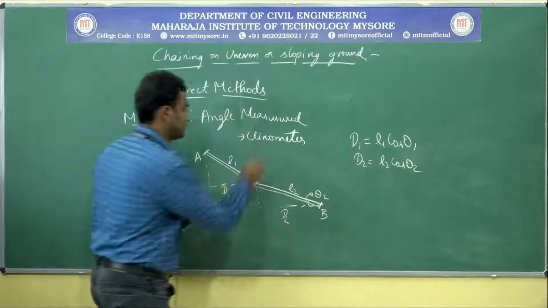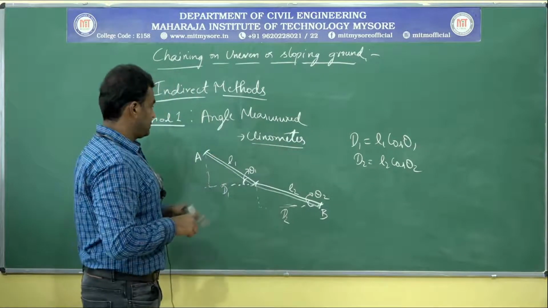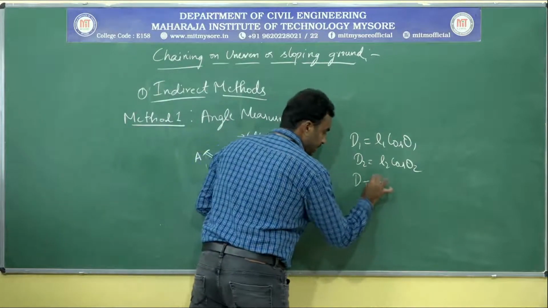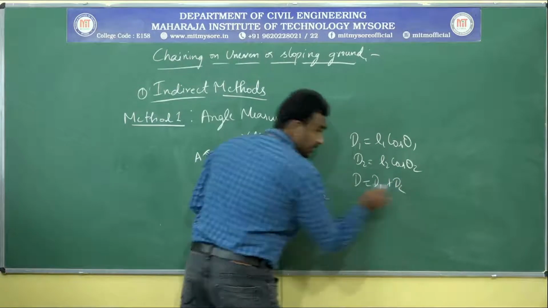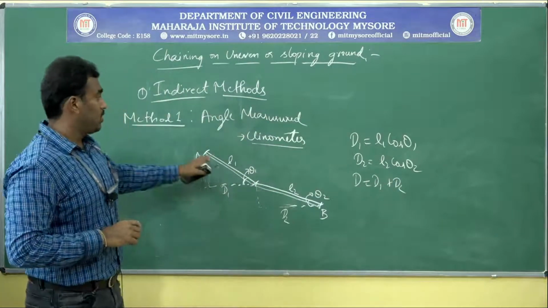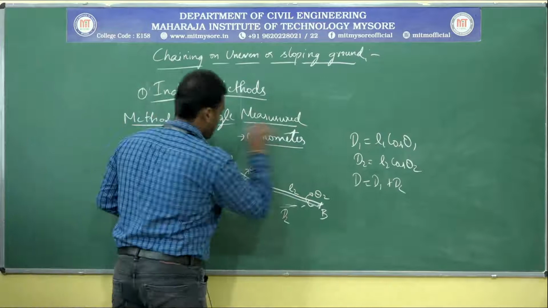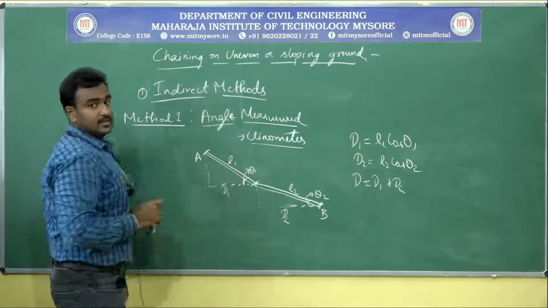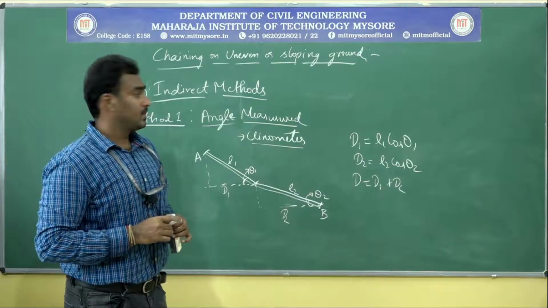I will not discuss this in detail, just remember. By knowing these two, we can easily find the complete distance between A and B. This is how we measure the horizontal distance when the measured angle is given as data.